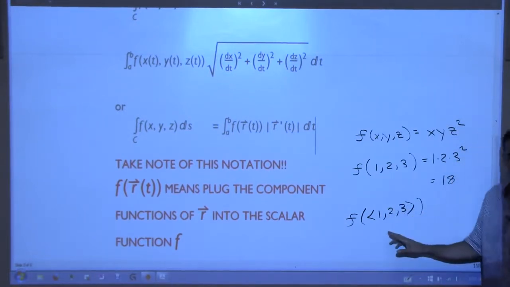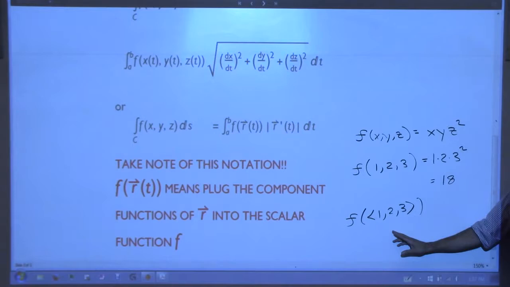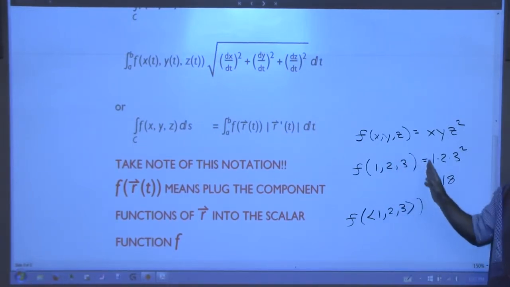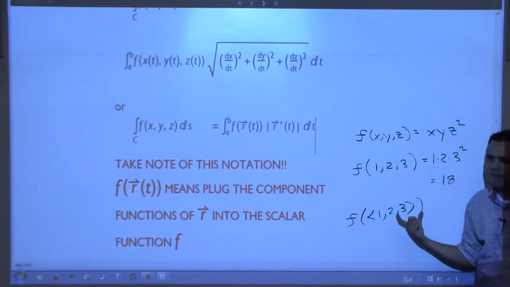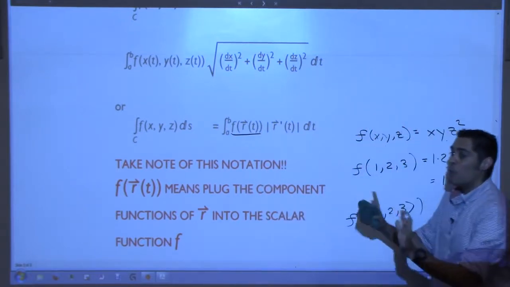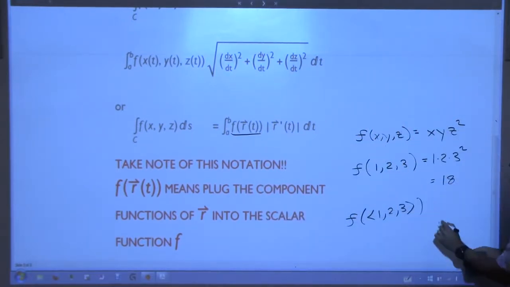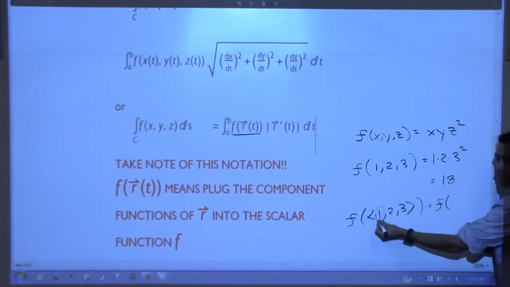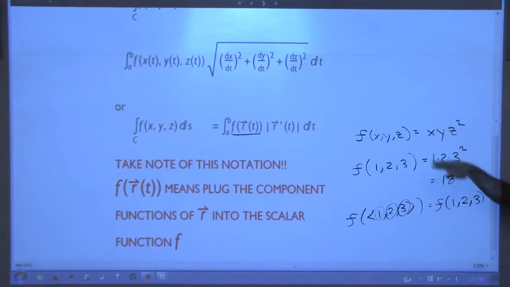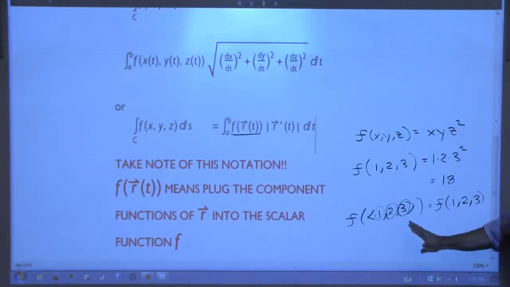Do you see how that's kind of strange to say that? Because normally we just want to plug in a number, 1 and then 2 and then 3. But I'm asking you to plug in a vector. And that's what I'm doing here. So what we mean by this notation is exactly to plug in whatever this component is for the x, whatever this component is, plug that in for the y, whatever this component is, plug that in for the z. So they are the same thing. It's just a notation thing. That's all it is.